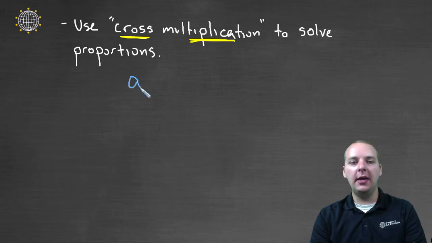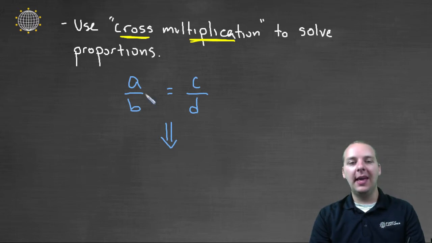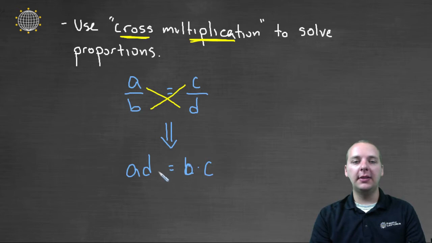If you have A over B set equal to C over D, if you have this proportion here, then we can actually rewrite this by taking A times D and setting it equal to B times C. So this is equivalent to A times D equals B times C. And it's obvious why this is preferable. This does not have any fractions, and it's usually easier to solve.